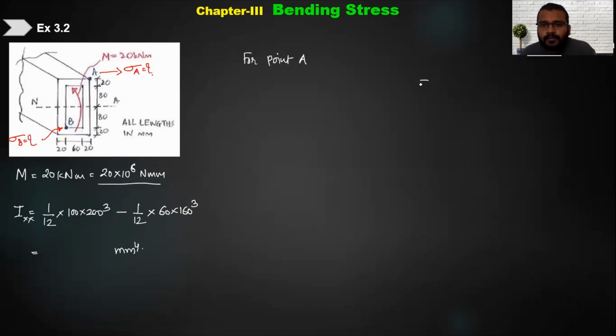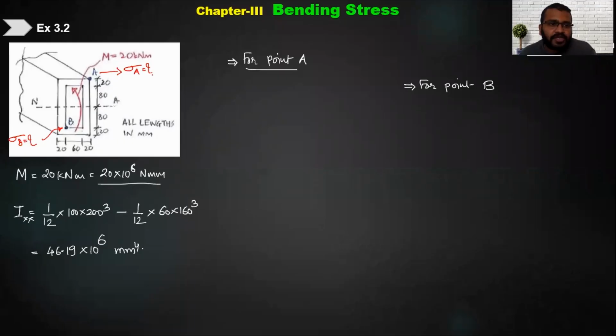It is 46.186 into 10 raised to 6 millimeter raised to 4. So this is the inertia which we get.